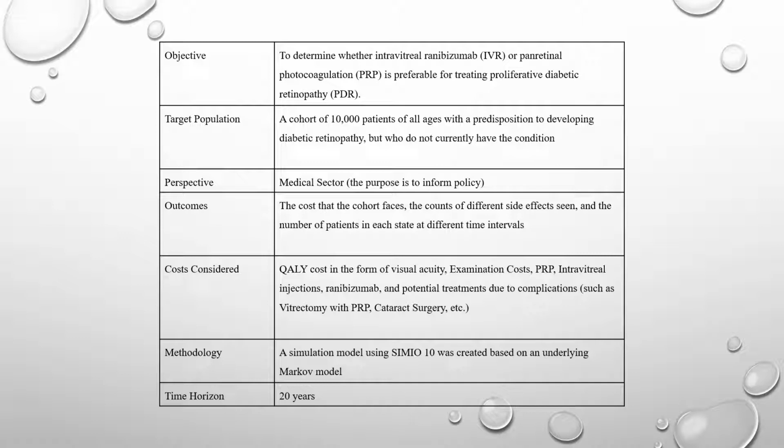The study simulates a cohort of 10,000 patients who start in a no diabetic retinopathy stage, but who have a predisposition due to having type 1 or type 2 diabetes, simulated over 20 years. Based on the outcomes and the cost, using a costing model, we can determine best policies or best practices for the medical sector.